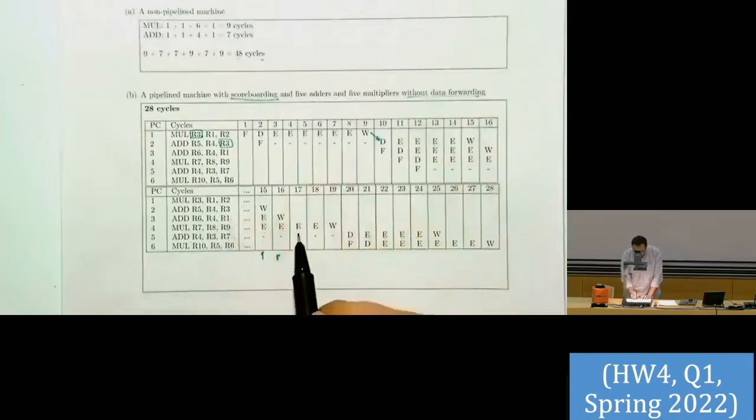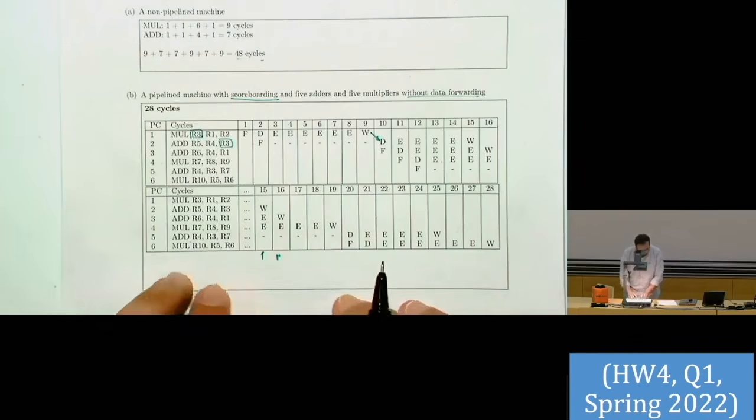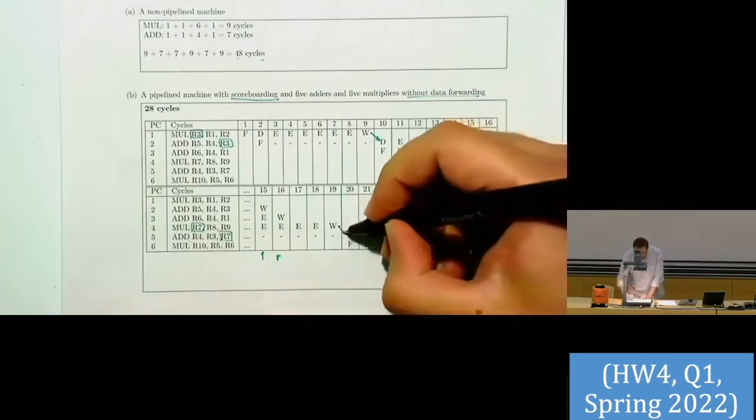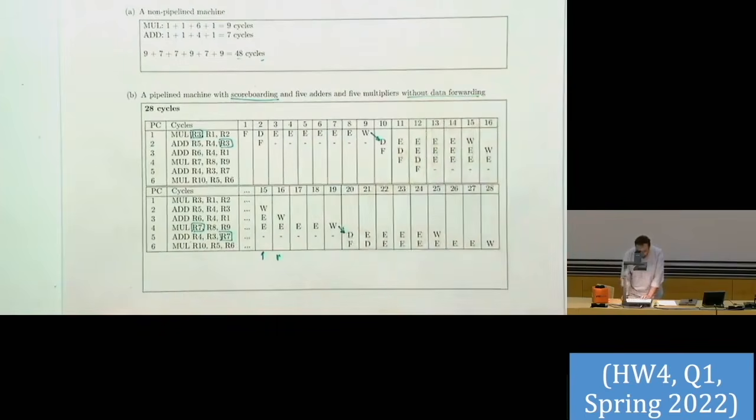Another dependency we see is between the instruction producing R7 and this one that uses R7, right? So this has to wait for it, and it is the same thing: we write back and then decode here.